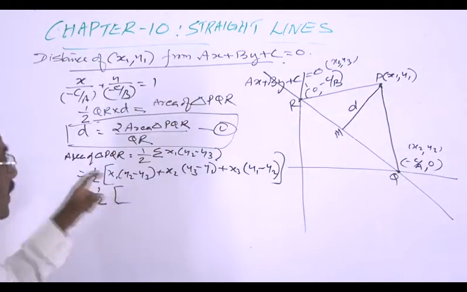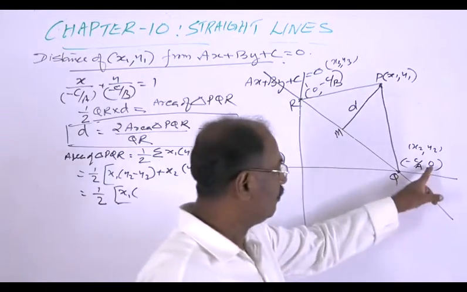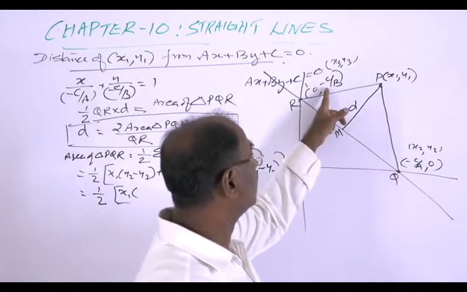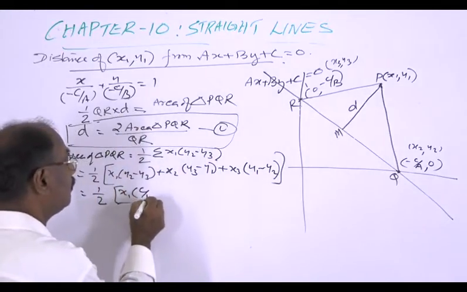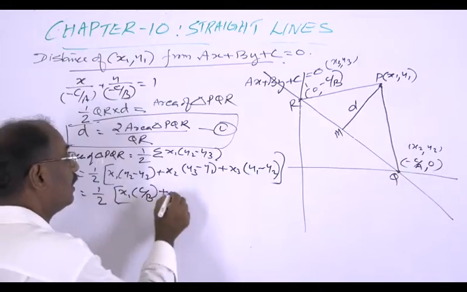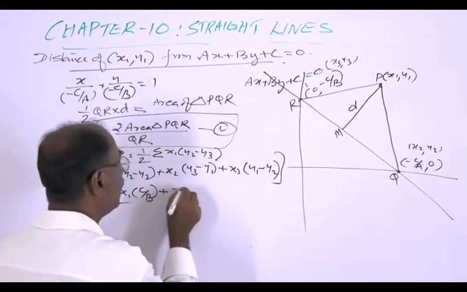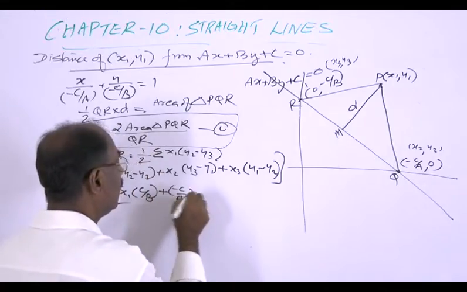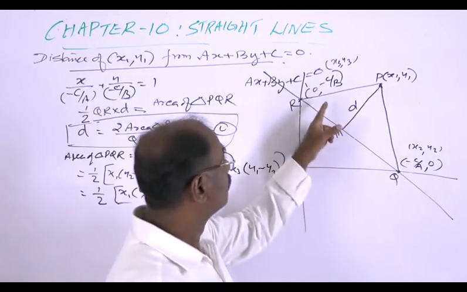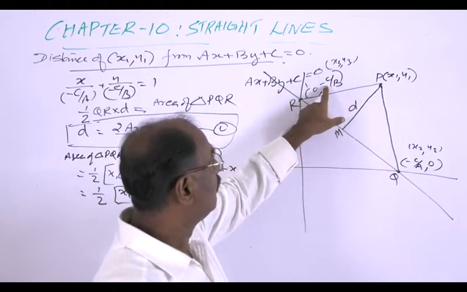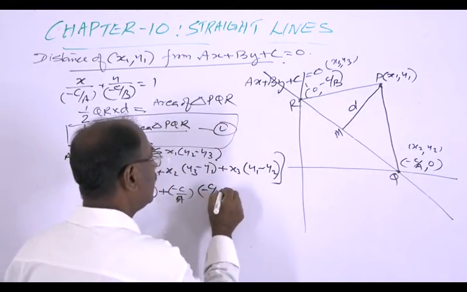So substitute: x1 into y2 minus y3, y2 is 0, 0 minus c by b, so this is c by b, plus x2 which is minus c by a, into y3 minus y1. So y3 is minus c by b minus y1.